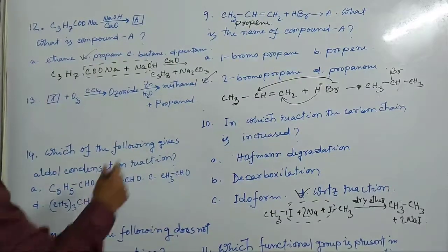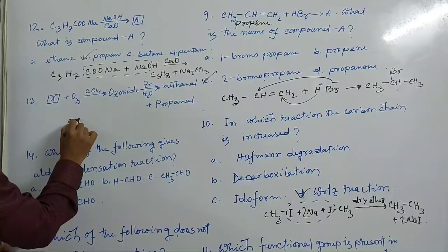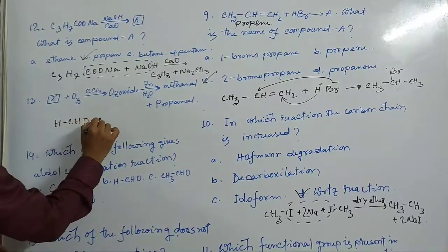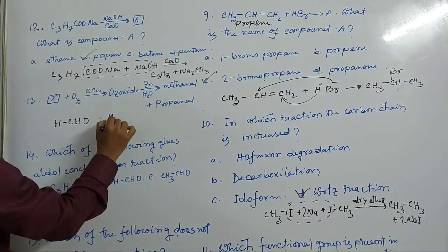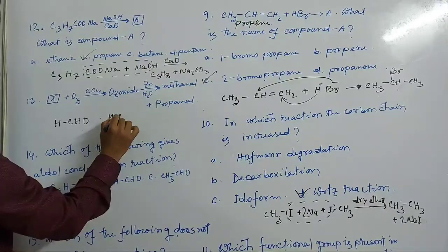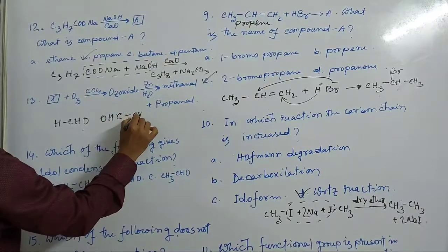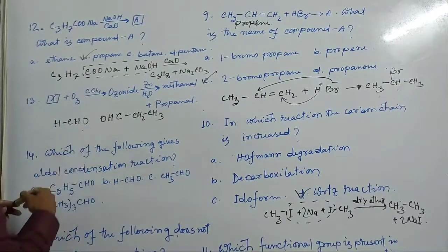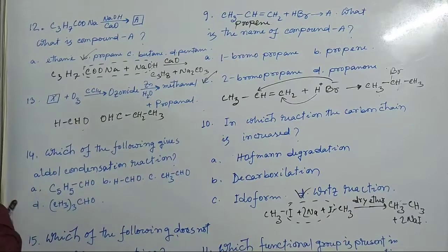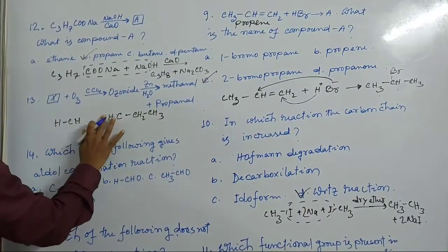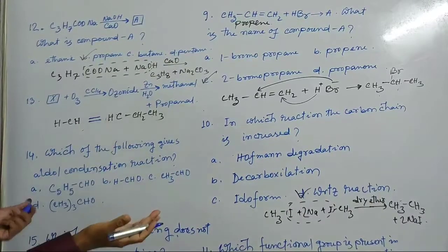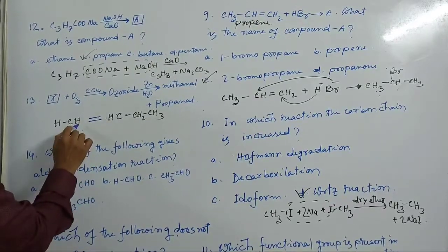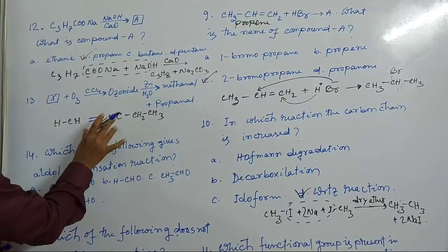So if I write both of the products, methanal and propanal, I can erase both of the oxygen atoms and give here a carbon-carbon double bond, so it can be understood easily that the carbon-carbon double bond will be at the first carbon.